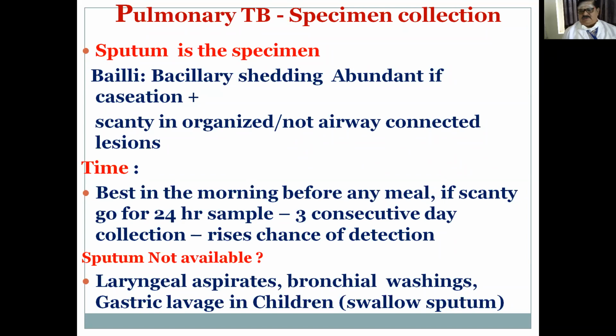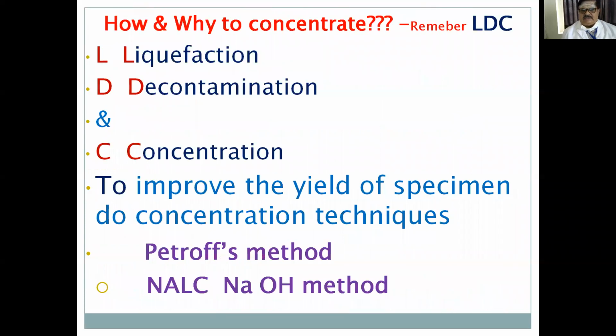Laryngeal aspiration is a technically difficult procedure. Bronchial washings are definitely a pulmonologist's arena. So if sputum is not available, then you can go for laryngeal aspirates, bronchial washings, or gastric lavage.